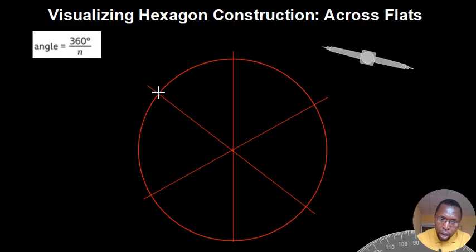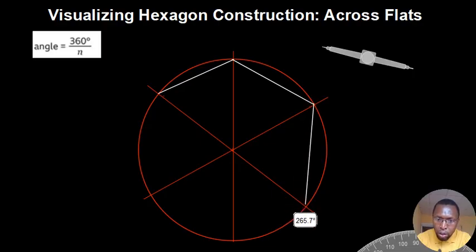So let's do that. So we join this point. Sorry, get a straight edge. You get a ruler and do that. So you join this point with this point. That's one. Join this point with this point, that's two. Join this point with this point, that's three.